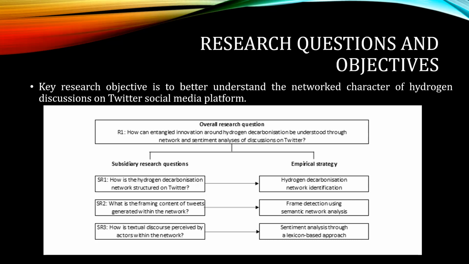I had a range of research questions that I was negotiating. For this presentation, I'm basically dealing with the first subsidiary question, that is, how is a hydrogen decarbonisation network structured on Twitter? And so I'm engaging in the act empirically of trying to identify a network.